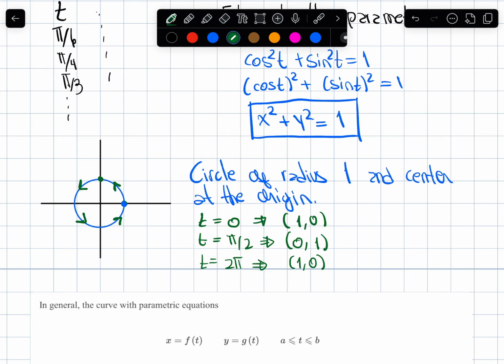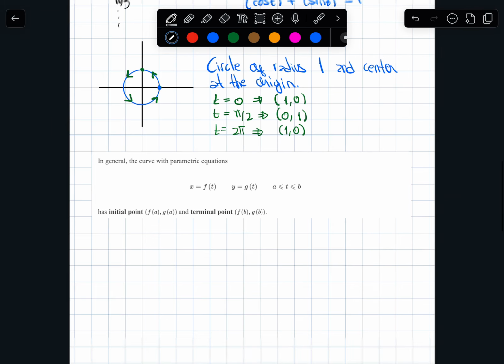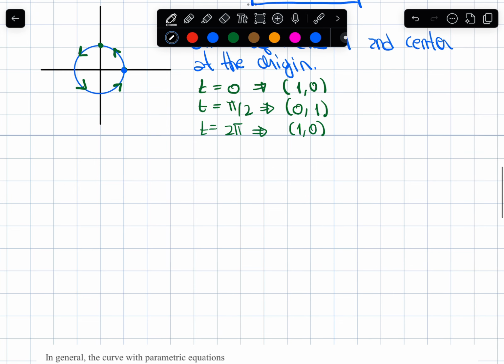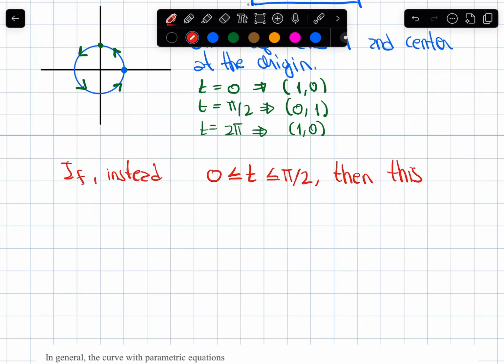But if I had limited my circle, and maybe I can move this a little bit further down. So if instead I had said that t is between, let's say, 0 and pi over 2, then this curve would only be a quarter of a circle.